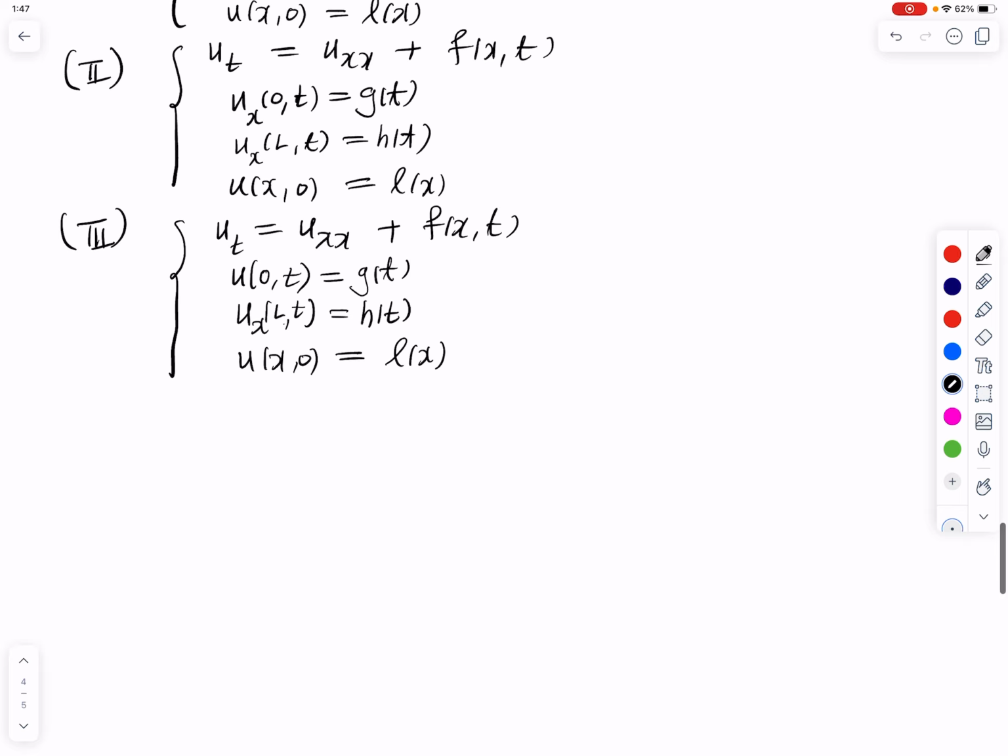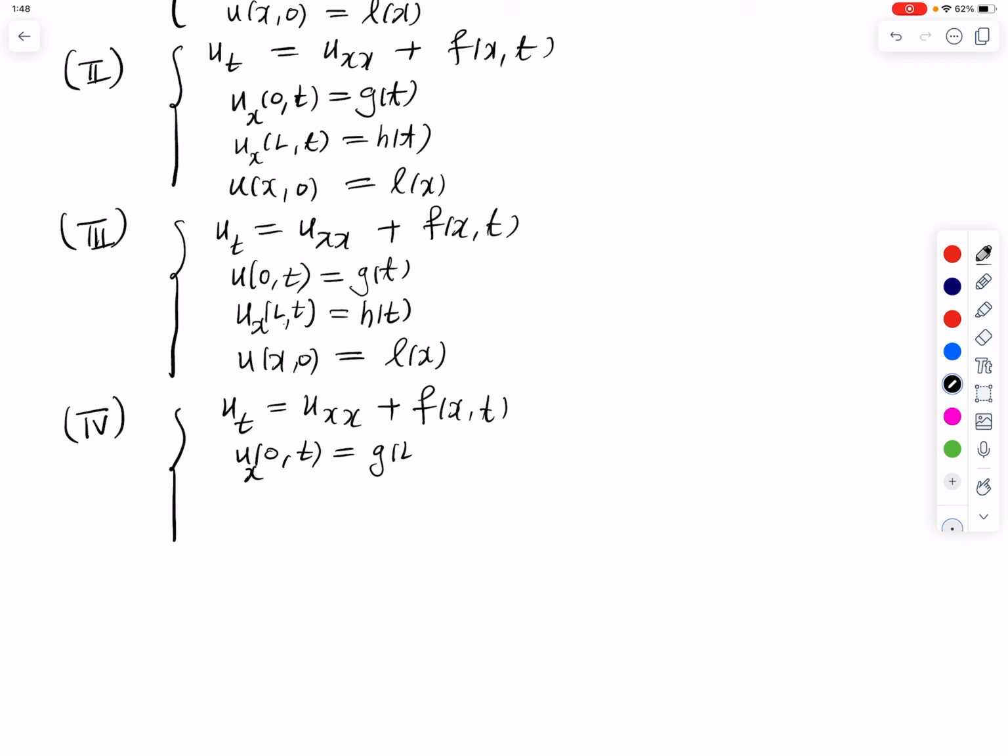And then number 4, u t equals u xx plus f(x,t), u x(0,t) equals g(t), u(L,t) equals h(t), u(x,0) equals l(x). Okay, so L is given.